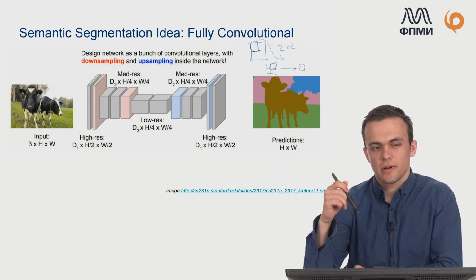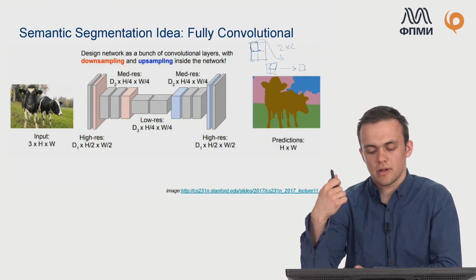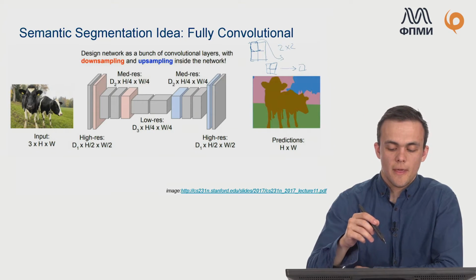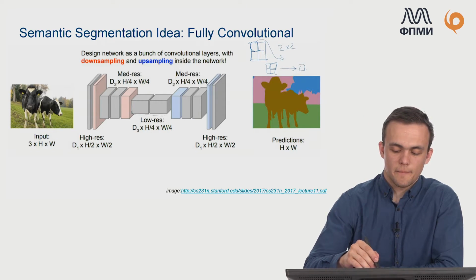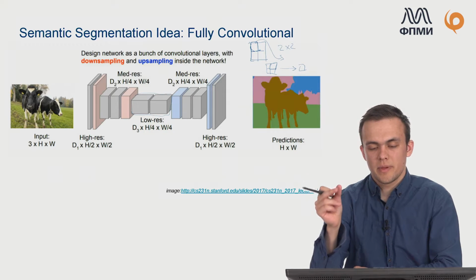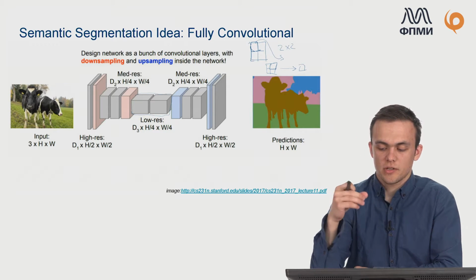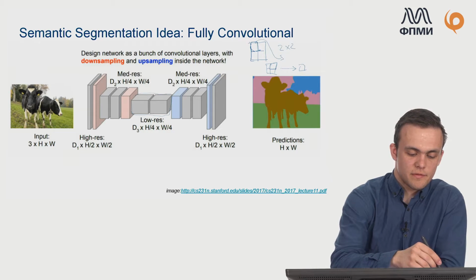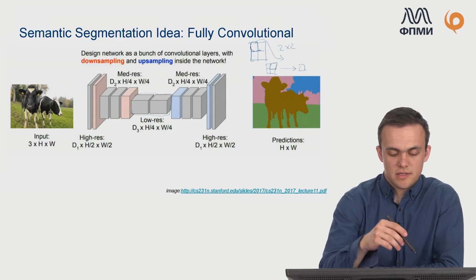So intuitively you need to store a lot more information about the image. So these layers have to be thick. They have to have a big number of filters to store all that information of relative positions of these objects.